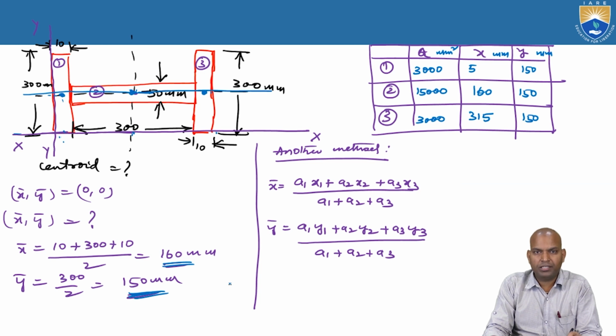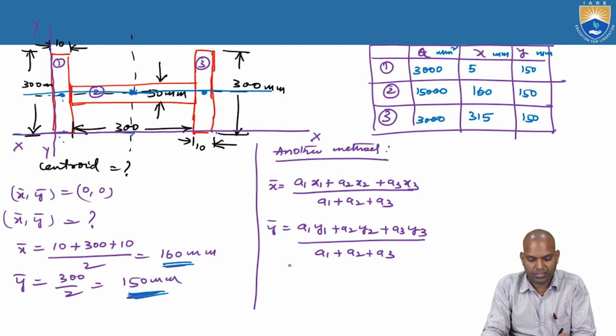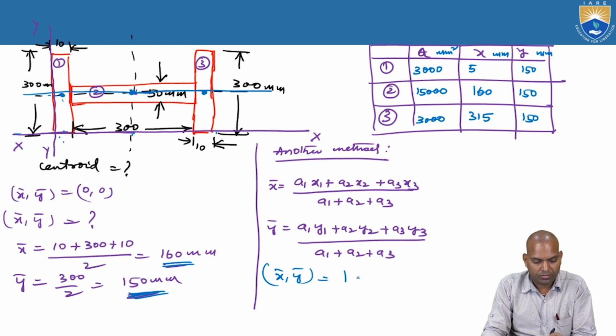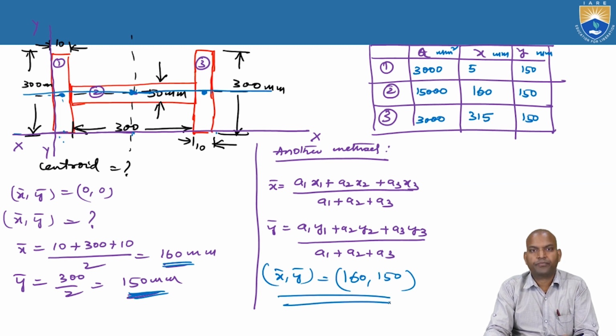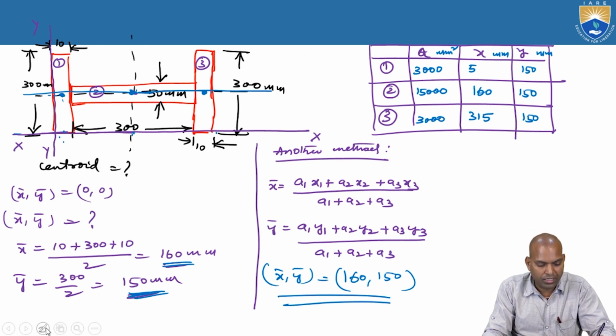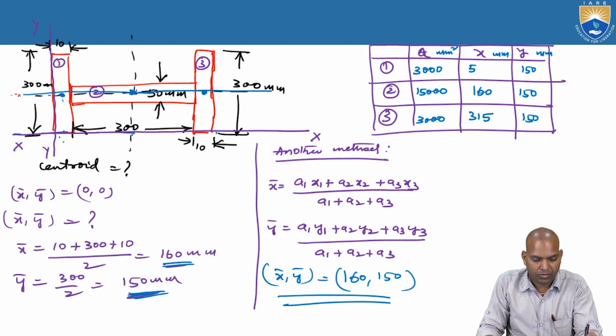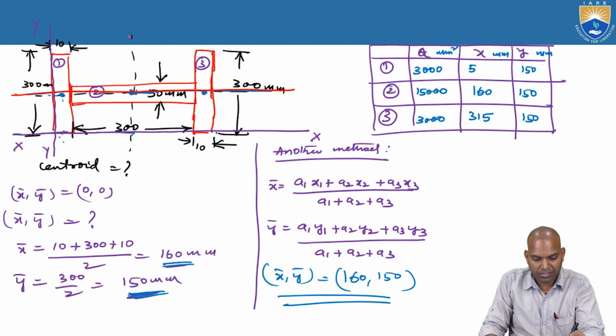So bar X is 160 millimeters, bar Y is 150 millimeters. So the location of the centroid for this cross section is 150 on this axis, and from here 160.